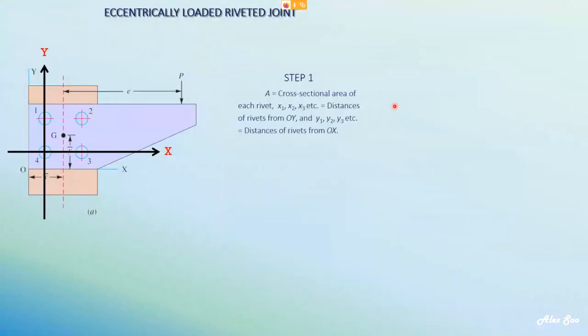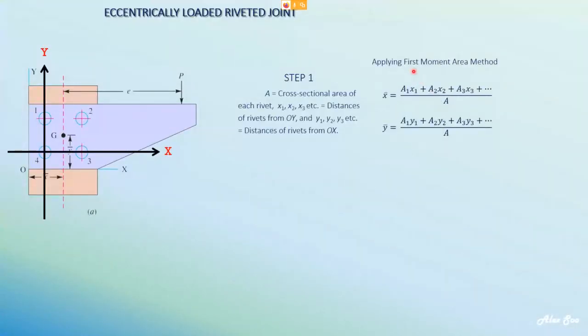You apply the formula for this riveted system that we call the first moment of area. Moment of area means the area multiplied by the distance from the center of the section to the reference axis.